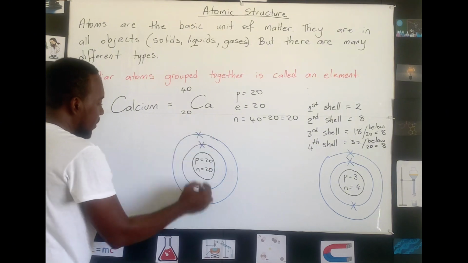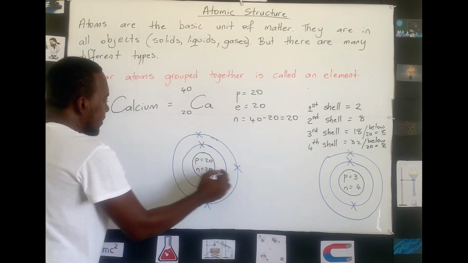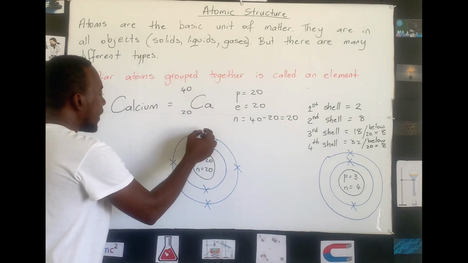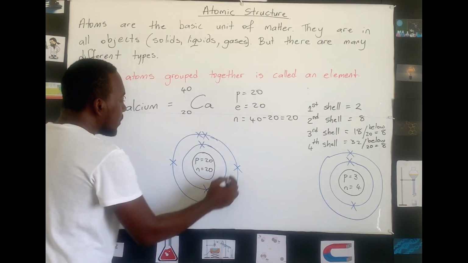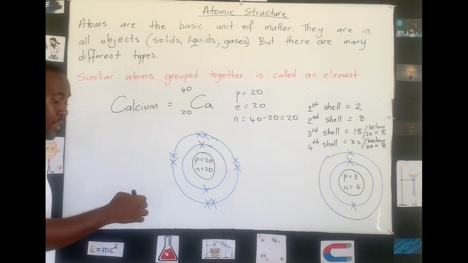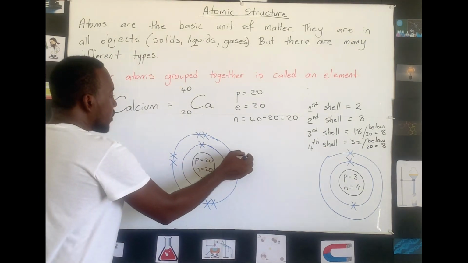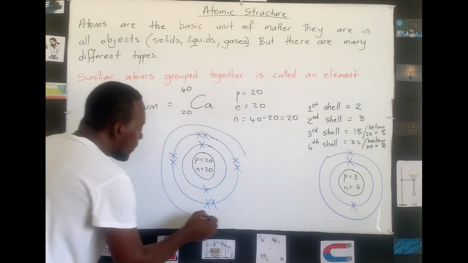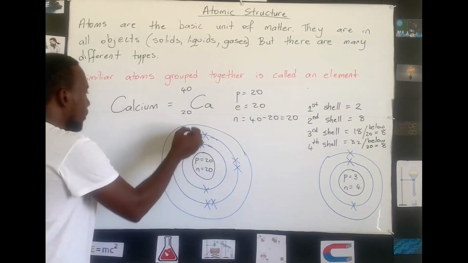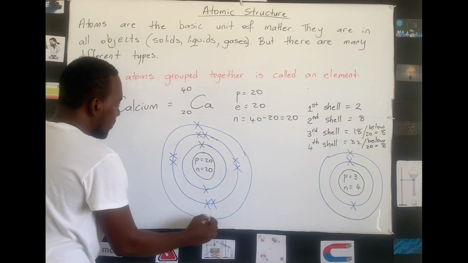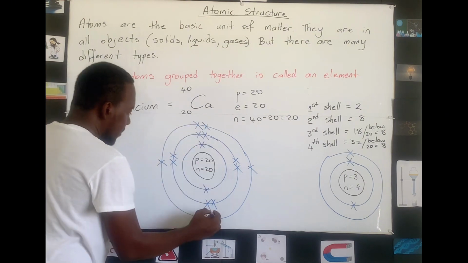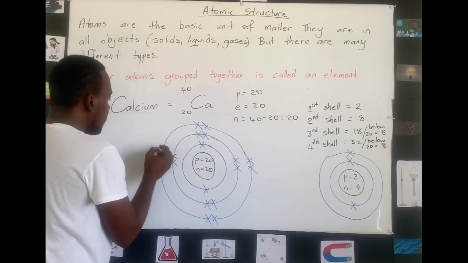So it goes north, south, east, west. That's 4. We can hold more, so we go again north, south, east, west. Now we have 10 electrons here. So we need another shell, which will hold 8 again. So we go north, south, east, west, north, south, east, west.